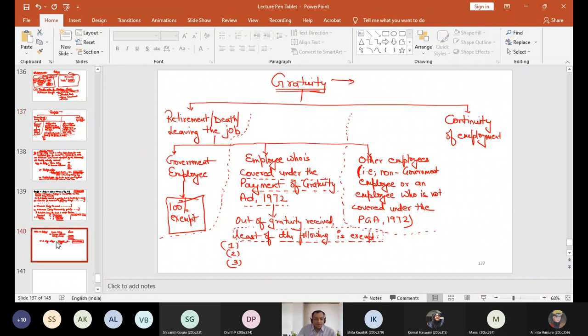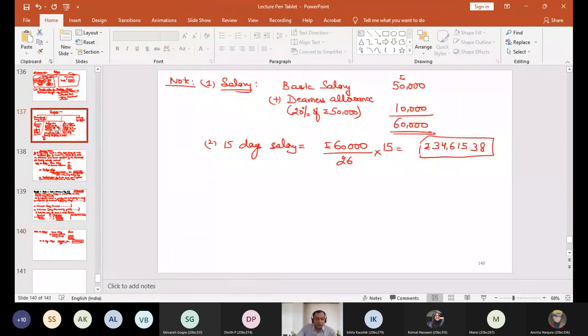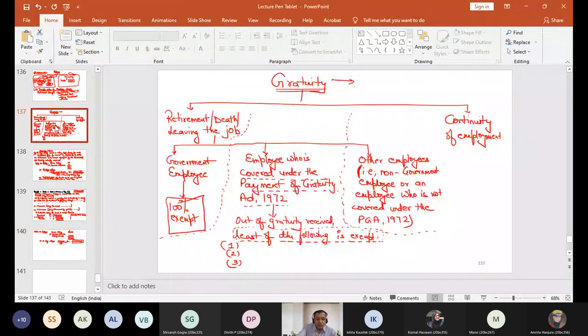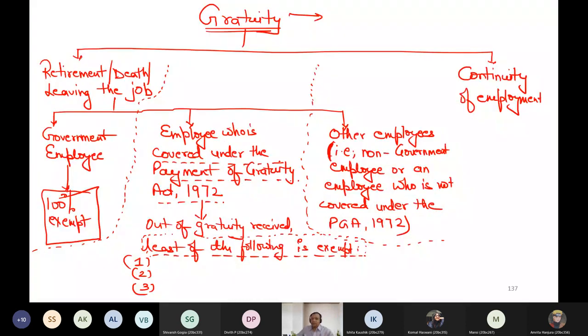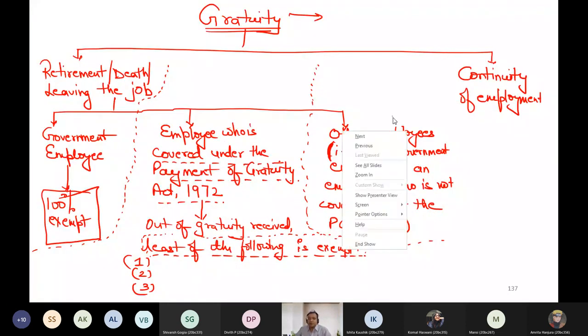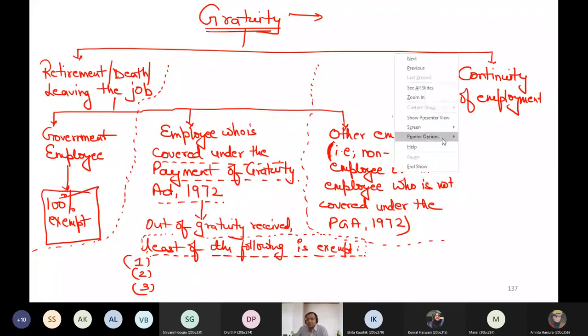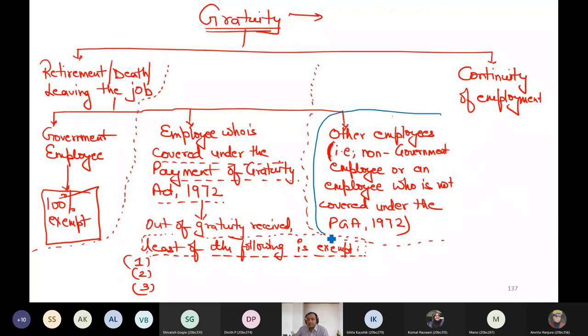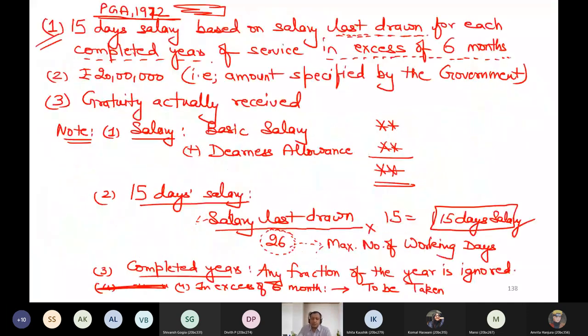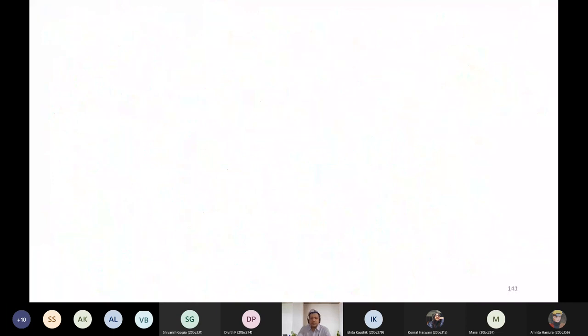Now let me discuss another case where the employee is not covered under the Payment of Gratuity Act. So now I will discuss this case. For such employees, what will happen? That I am discussing now.